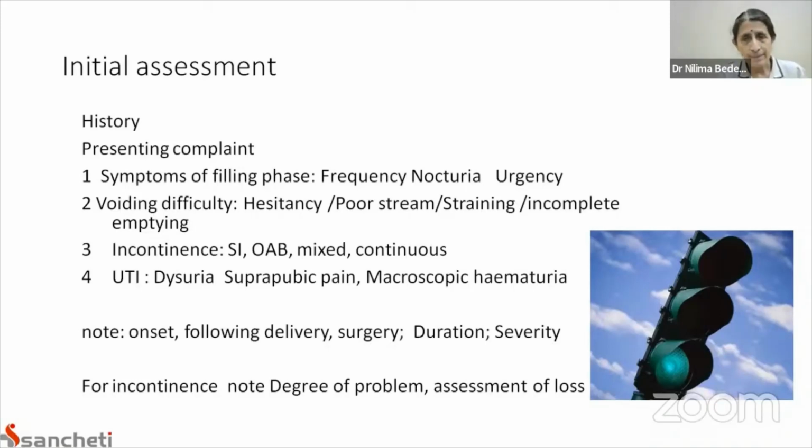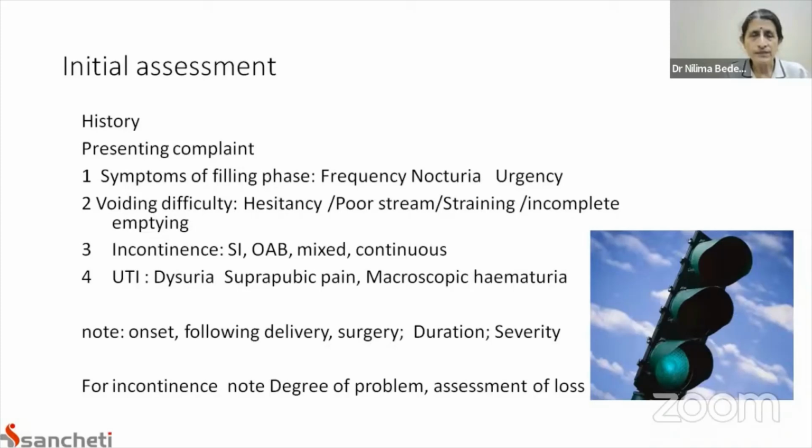Normal frequency is 6 to 8 times in a day, and once in the night after the age of 60 in women. After the age of 75 it could be twice. Urgency is at times rare, with the psychological. Otherwise, normally urgency will be felt if the bladder is too full.